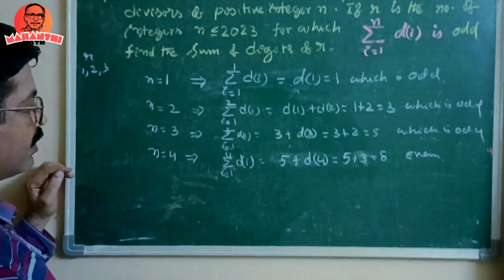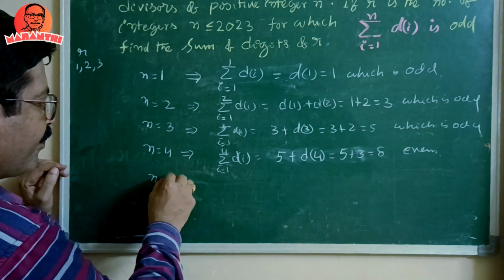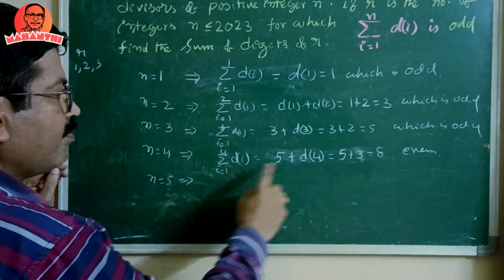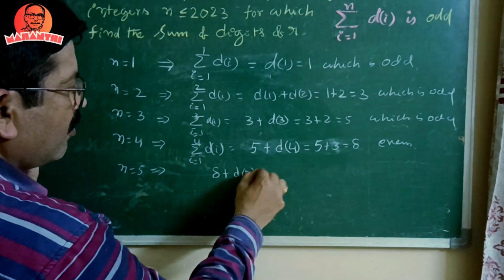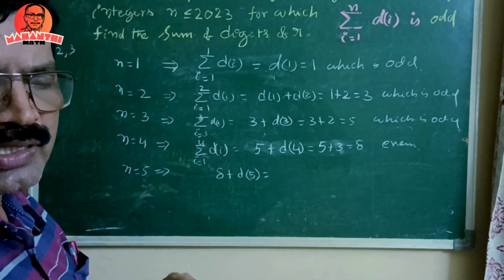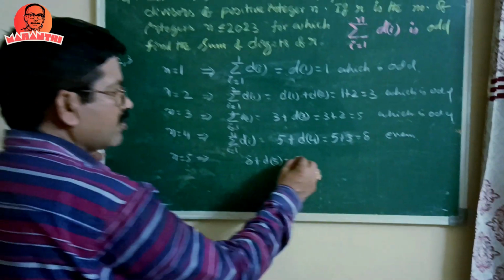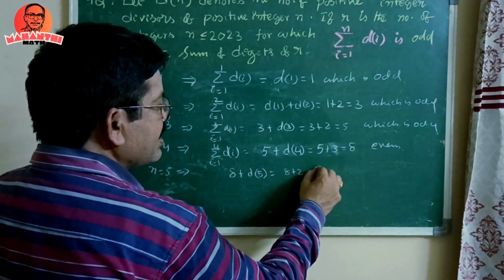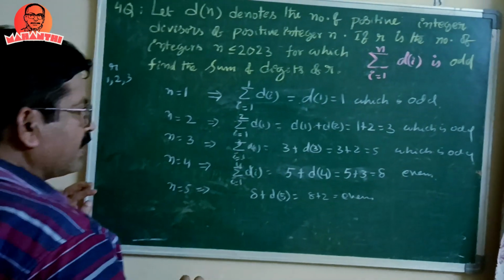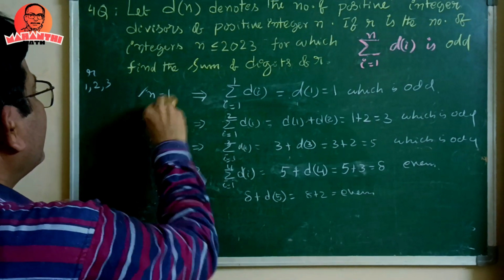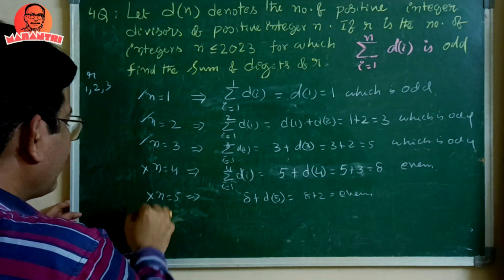Next, n equal to 5. The 8 plus D(5) will come. 5 has only 2 divisors, 1 and 5. So 8 plus 2 is even, so 5 also we should not take. So n equal to 1, 2, 3 we have taken, 4 and 5 we have not taken.